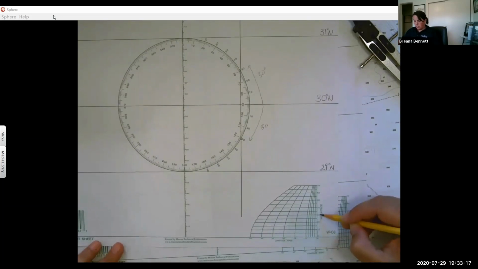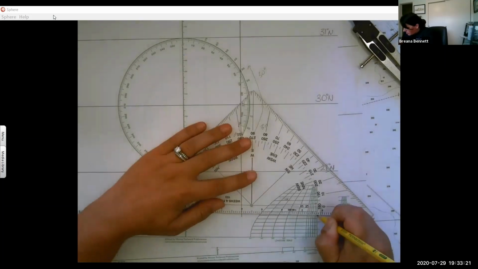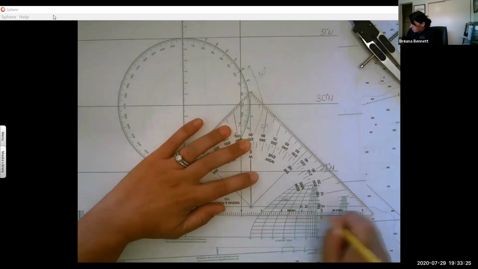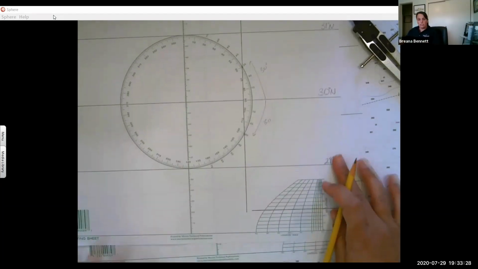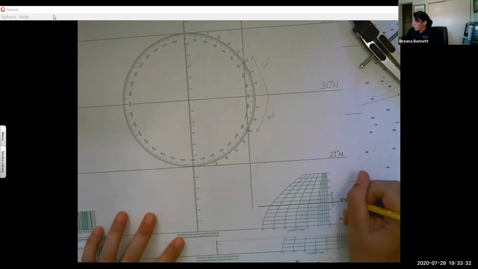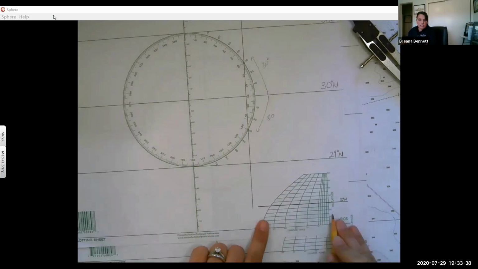So I'm just going to bold in that line so we could really see it. So I am working somewhere on this line because it's my 30 degrees north, 30 degrees mid-latitude line. And then this will be my longitude scale.